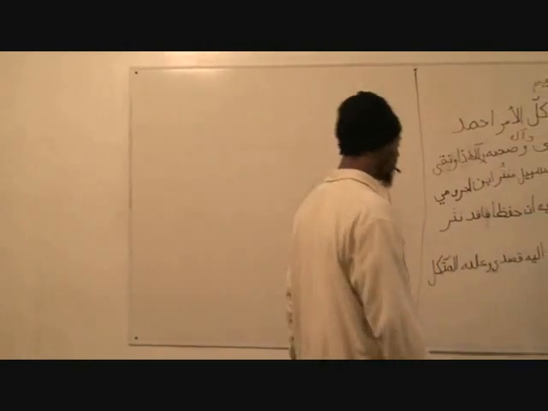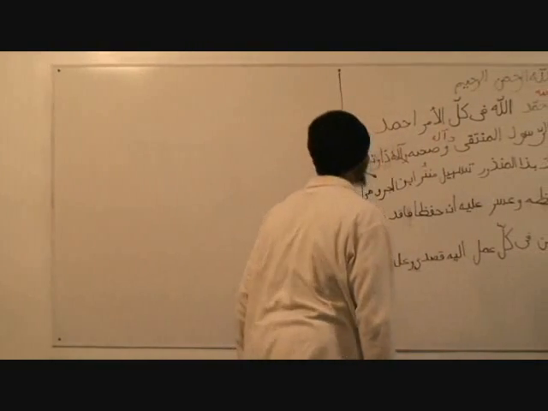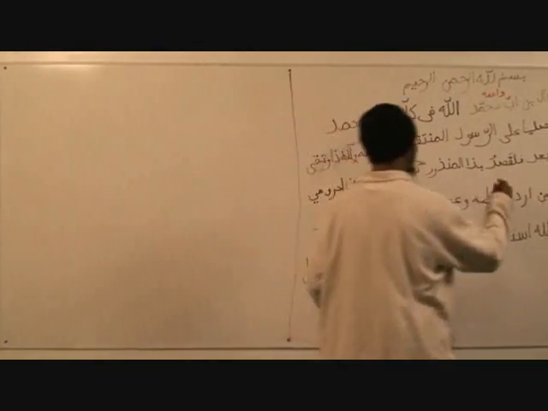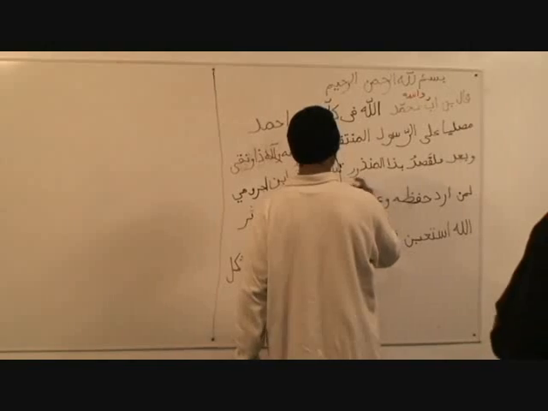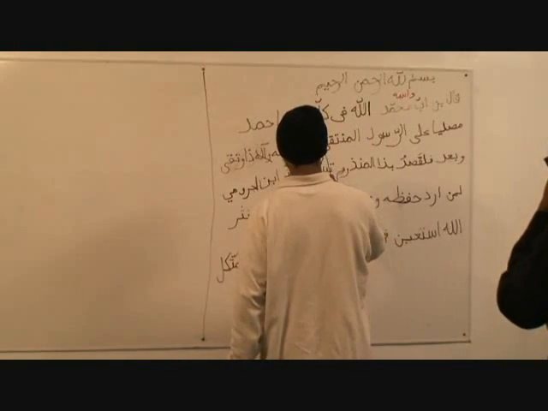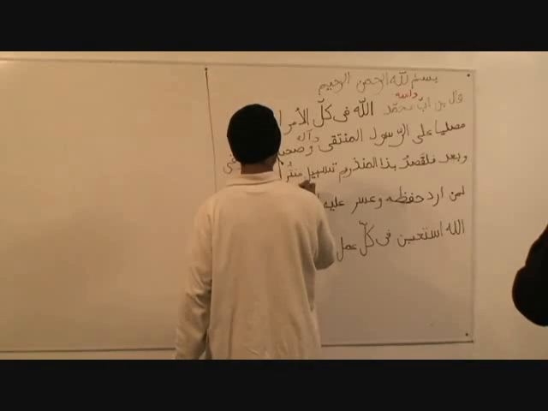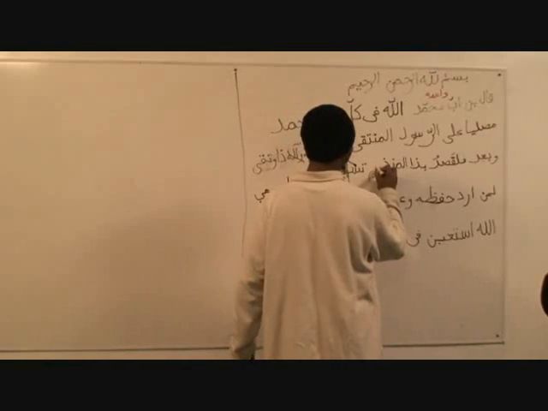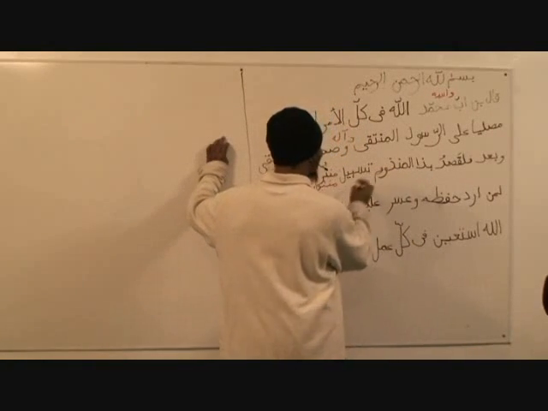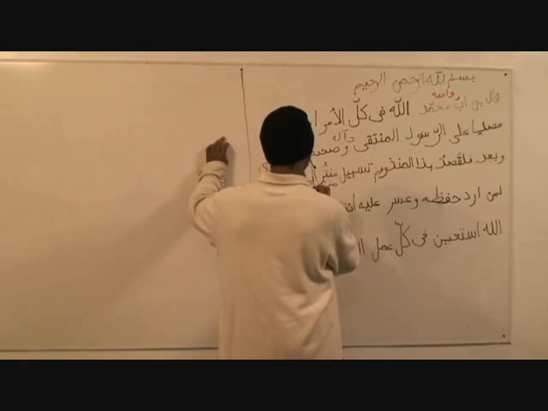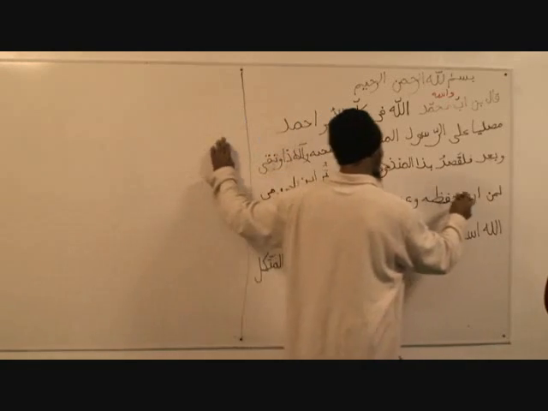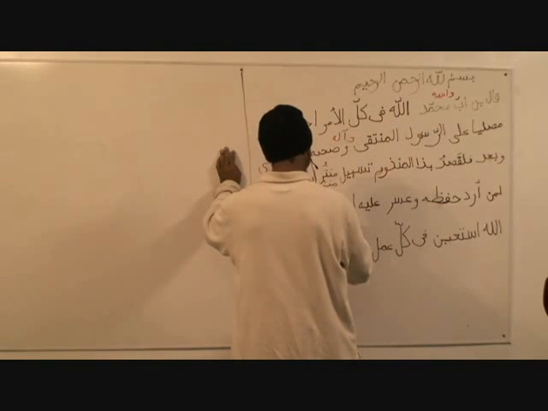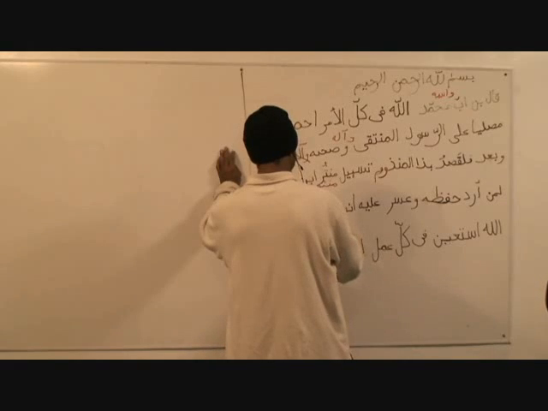قال ابن أبو واسمه محمد الله في كل الأمور أحمد مصليا على رسول المنتقى وآله وصحبه ذوي التقى وبعض فالقصد بذا المنظوم تسهيل منثور بن جروب لمن أراد حفظه وعسر عليه أن يحفظ مع قد.